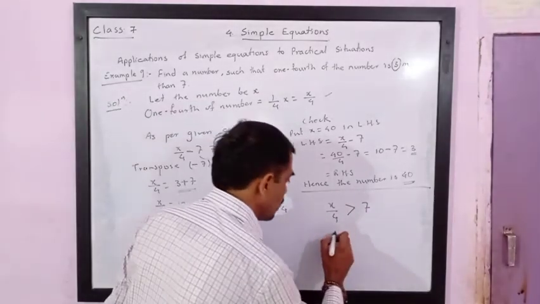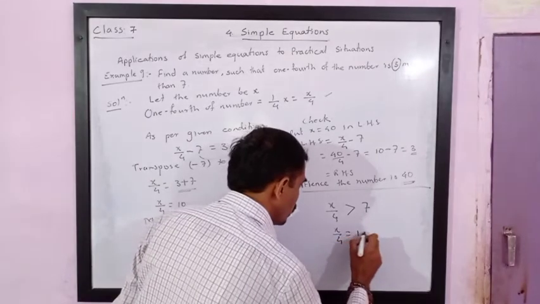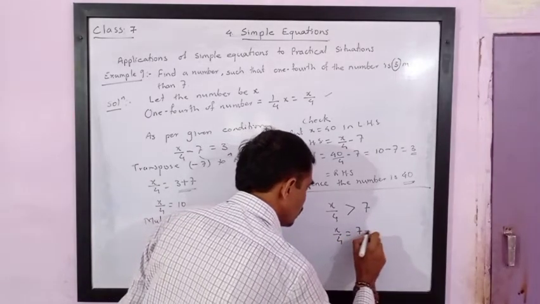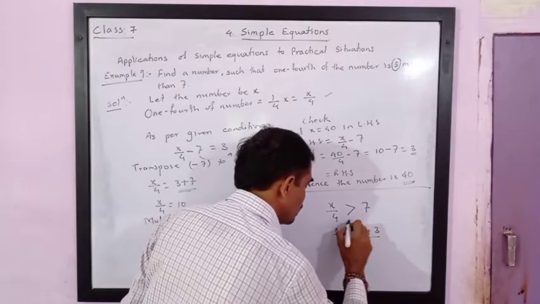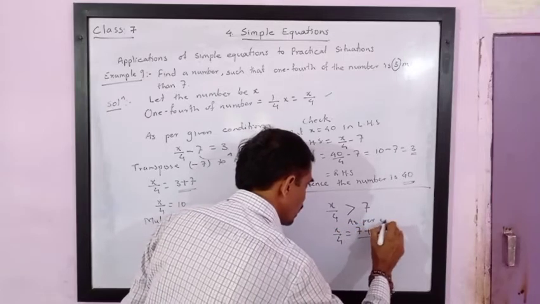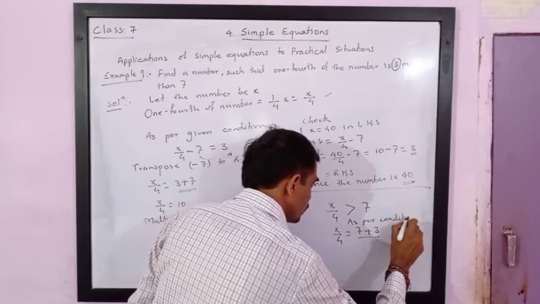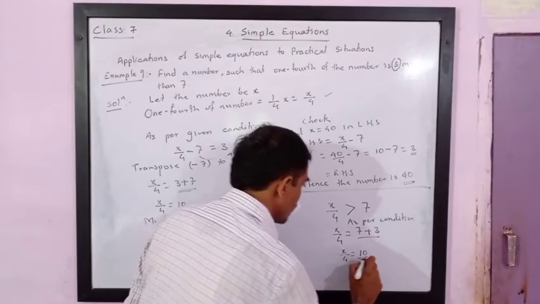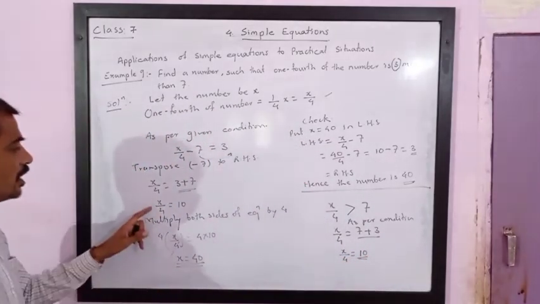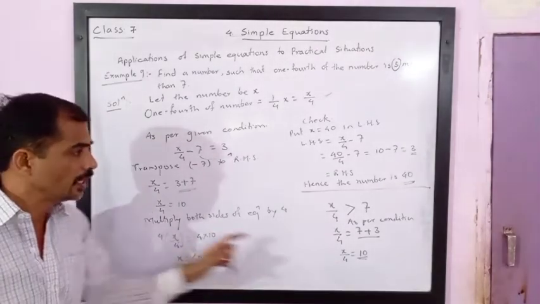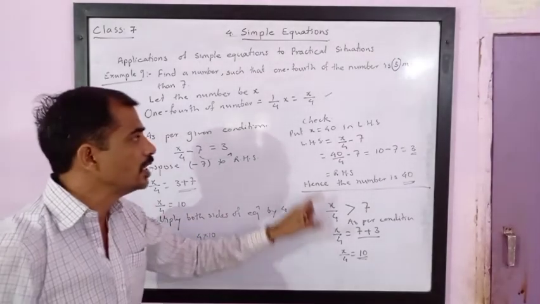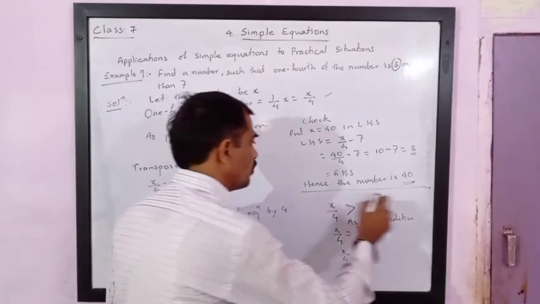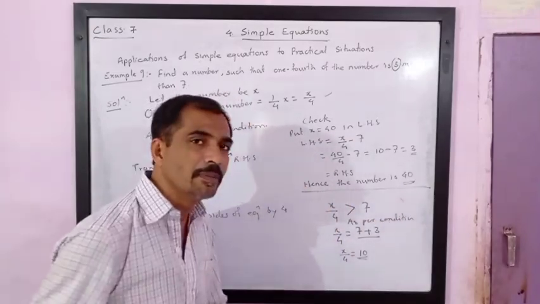It means x upon 4 is equal to 7 plus 3 as per condition. So we have got x upon 4 is equal to 10. Please note, we have got the same equation. So we can get the equation in this way as well. If you solve it further, we will get the same answer.